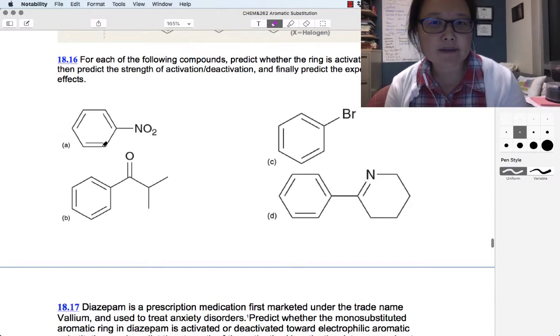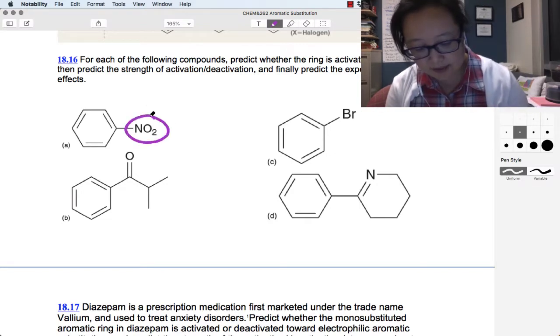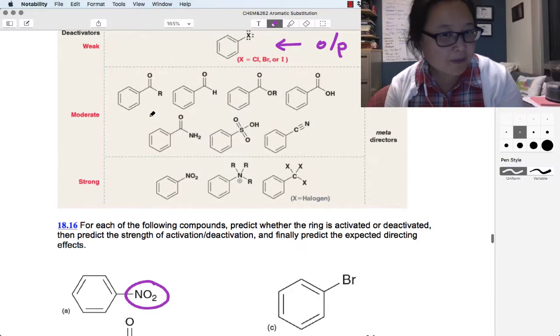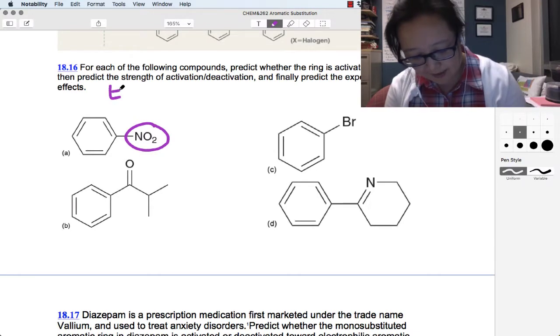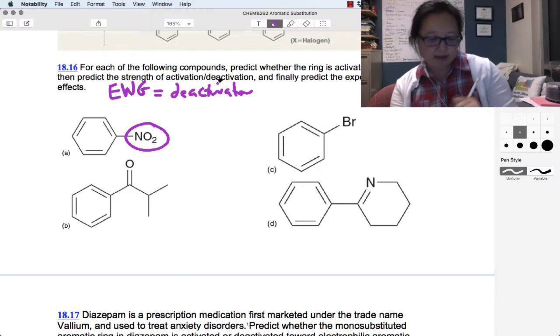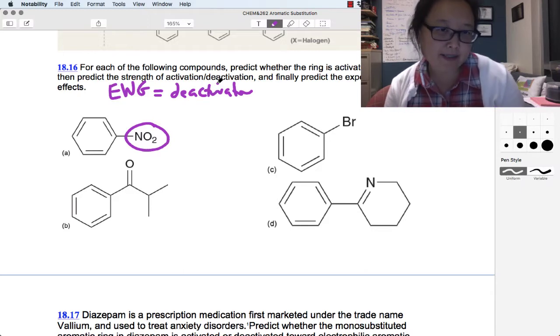So for this one, predict whether the ring is activated or deactivated. I see a nitro group. You probably know by now, but this is a strongly withdrawing group, so that means it's a deactivator. Is it an ortho-para or meta director?